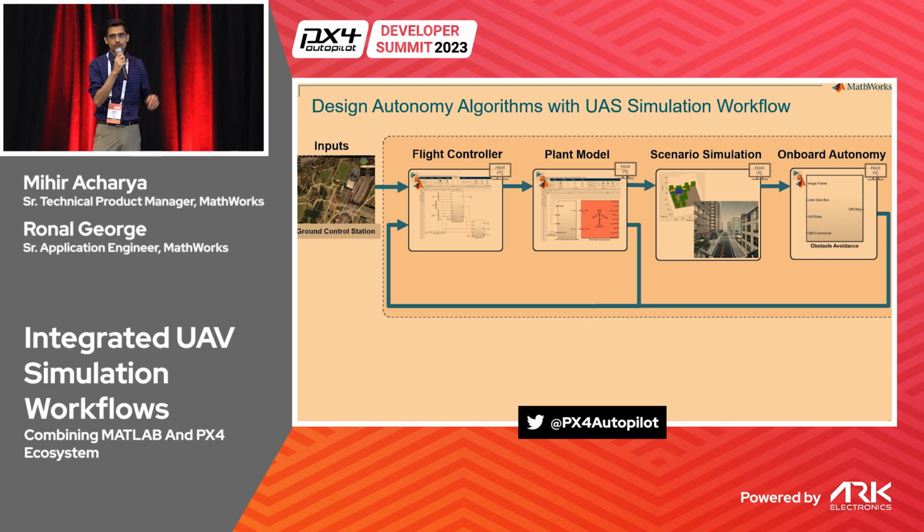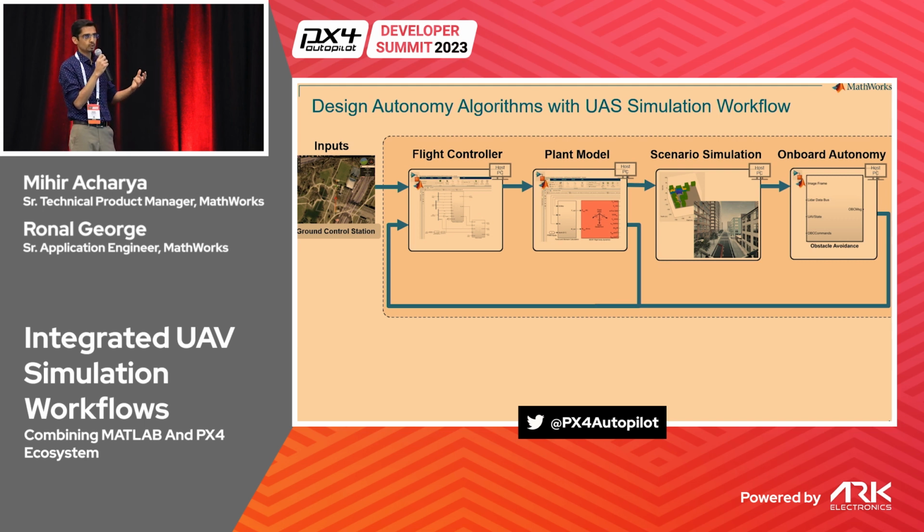So this is the workflow we're going to talk about today, and Ronal will show you some demos on that. But just painting the high-level picture here, we have our inputs from a ground control station, QGC in this case. We have our baseline model for controller designed and tuned in Simulink, and it is in a feedback loop with the plant model, which we provide along with that.